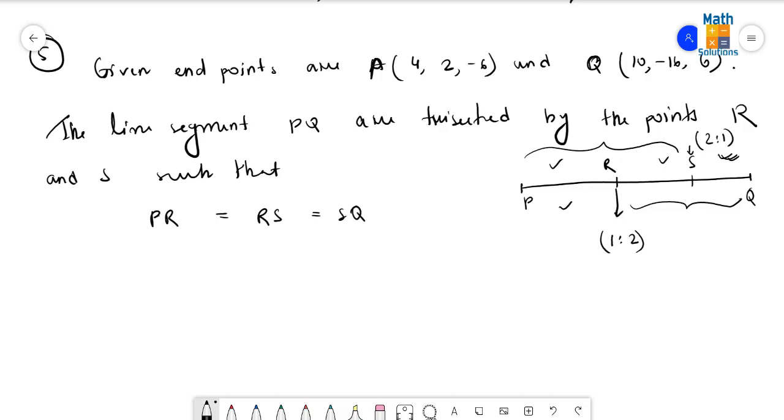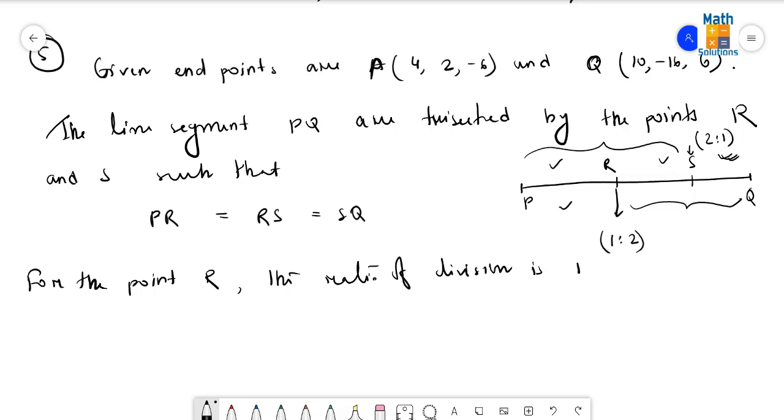So for the point R, the ratio of division is 1:2.